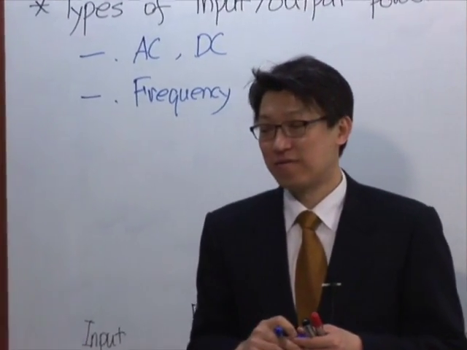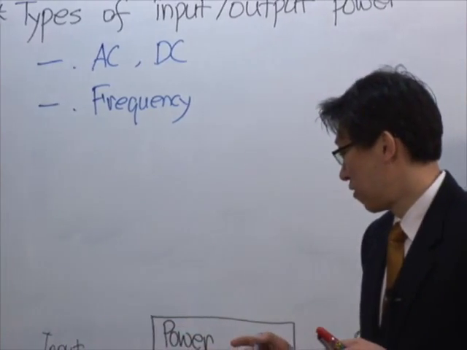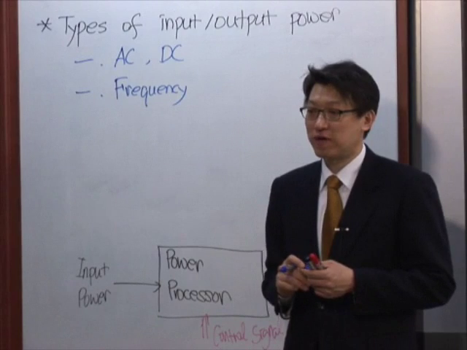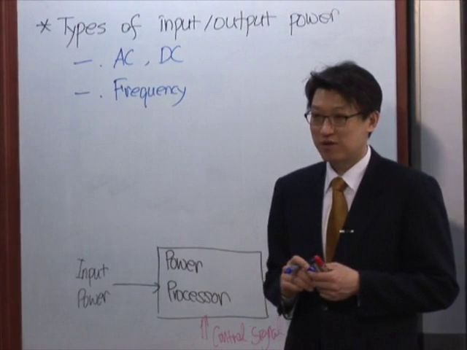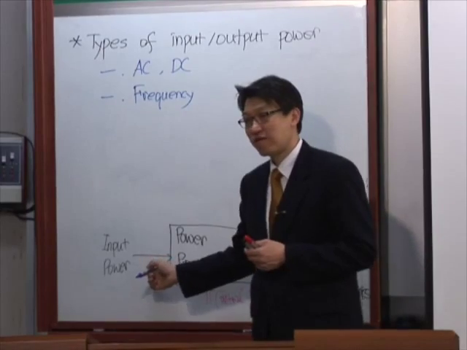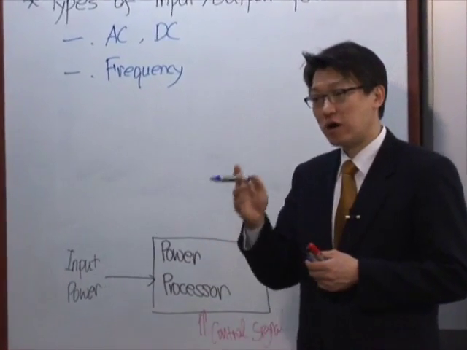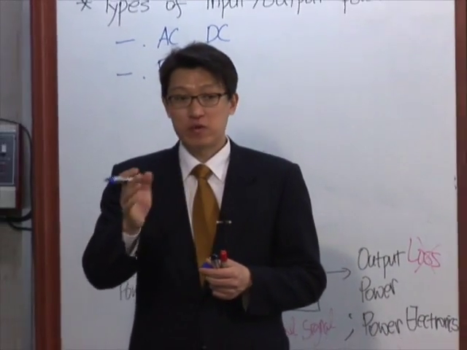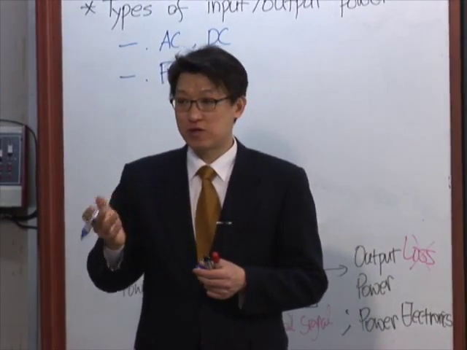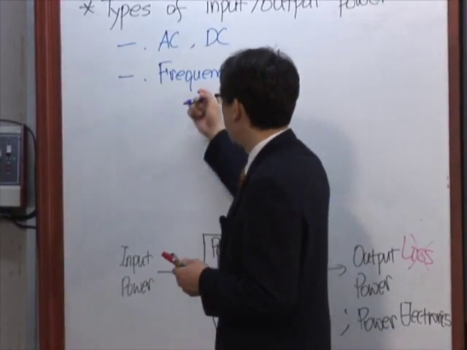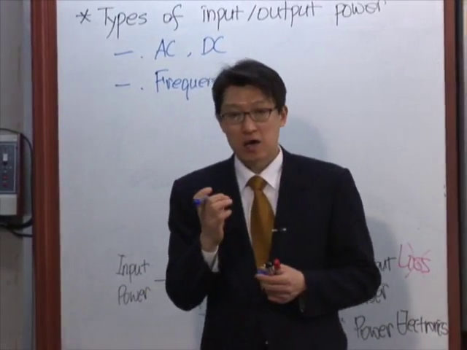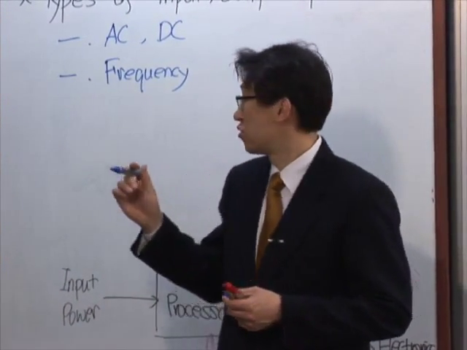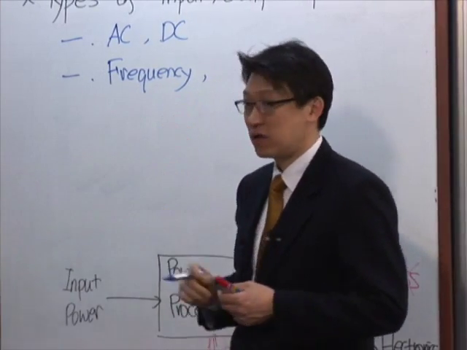In Korea, what's the standard frequency? 60. But in Europe, we have 50 hertz. So in the European continent, they have some frequency changers from 50 to 60 and 60 to 50, right? In this case, frequency is a key type of this power. So in AC, frequency is a key factor.